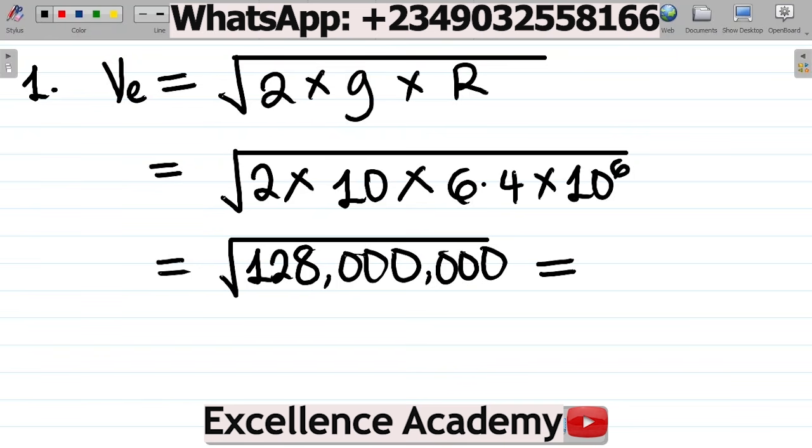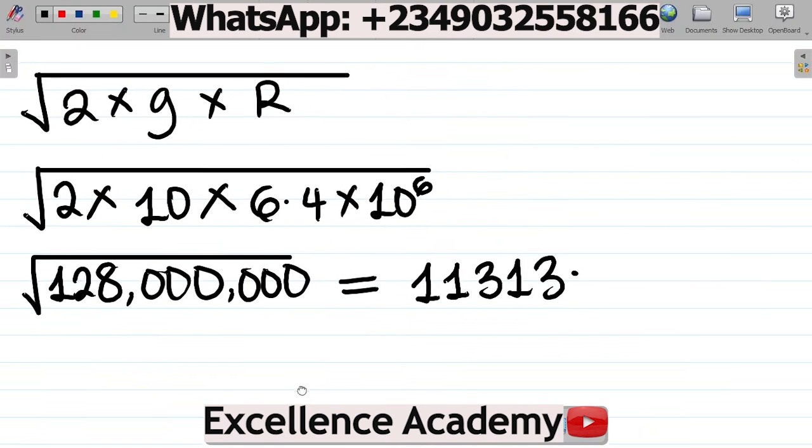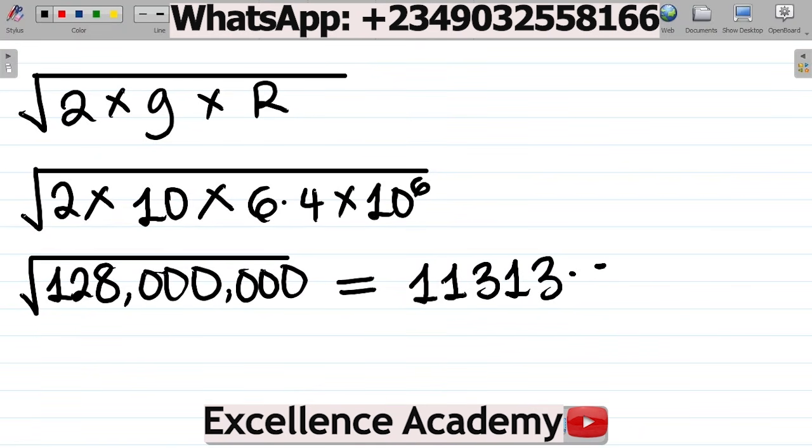Let's take the square root of this. The square root of 128 million gives you 11313.7085. This would be in meters.